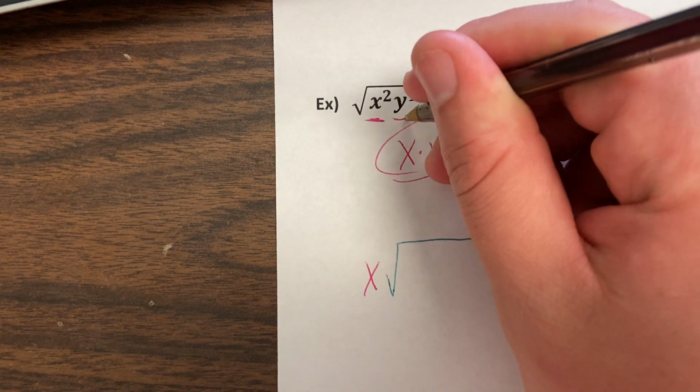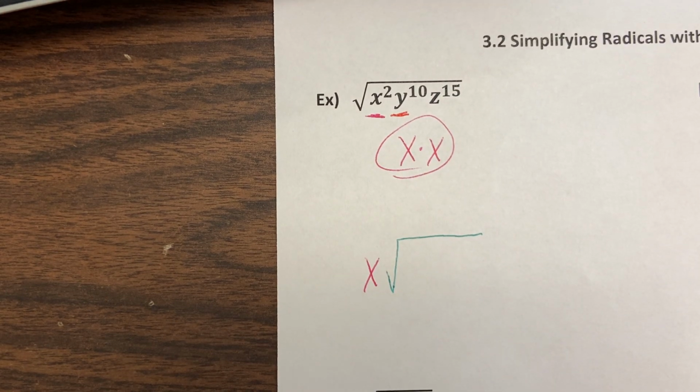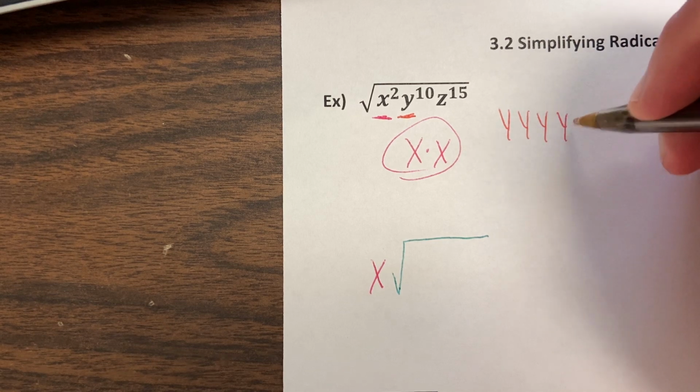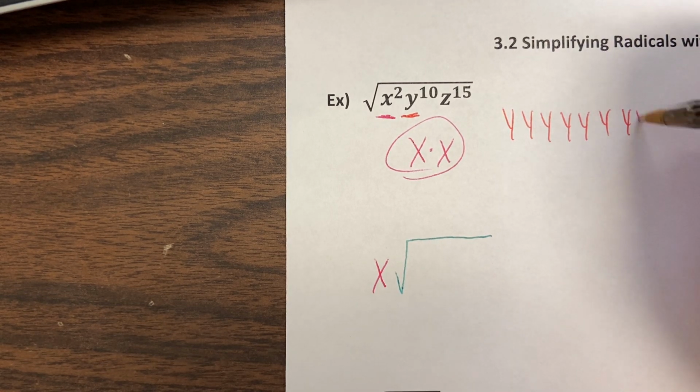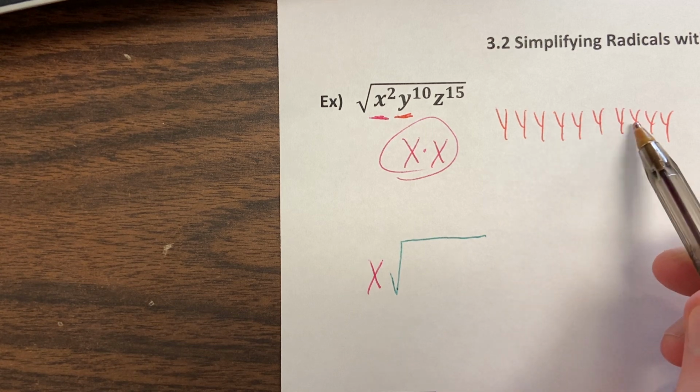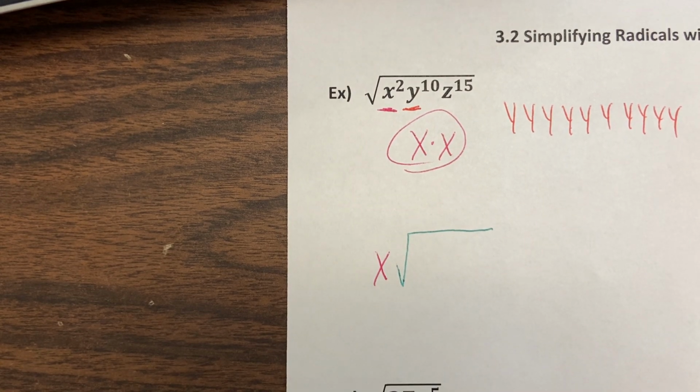So let's look at our y. Same thing is going on here. We have y to the 10th, so we can say 1, 2, 3, 4, 5, 6, 7, 8, 9, 10. Just like we did yesterday, let's pull out the pairs.